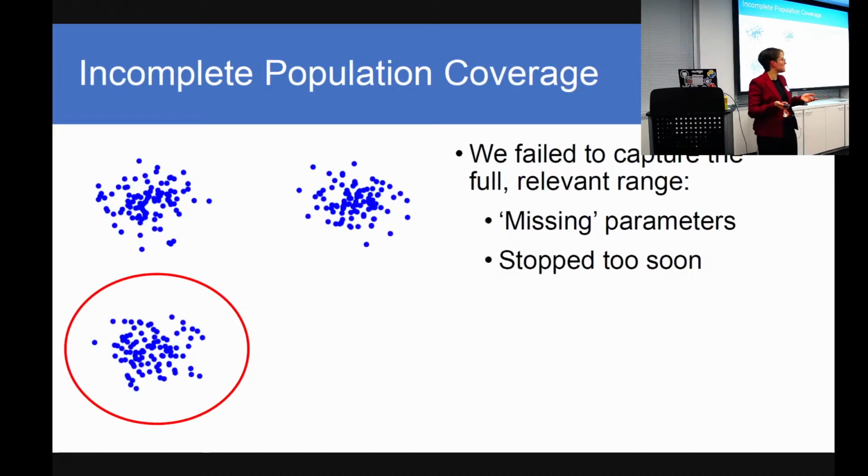So here's this first piece. Incomplete population coverage is like, we found all the things in that circle, right? We didn't find anything outside of that circle. And how can that happen? That can happen in a couple different ways. First, maybe I have parameters that are just missing. So I had a bunch of perturbations, I generated them, I thought they were really cool. They were like this perturbation space, and there's this other perturbation space that corresponded to the other response space, and I just totally missed it, right? And that's hard to figure out.